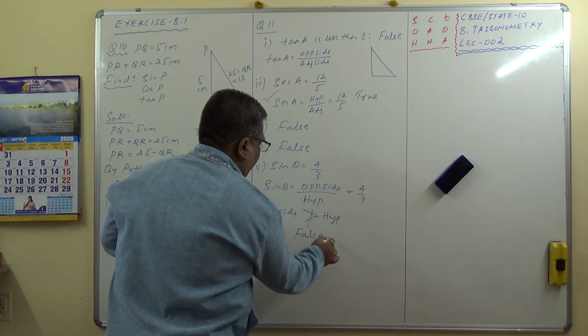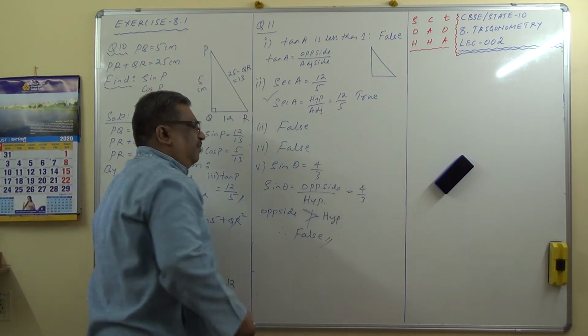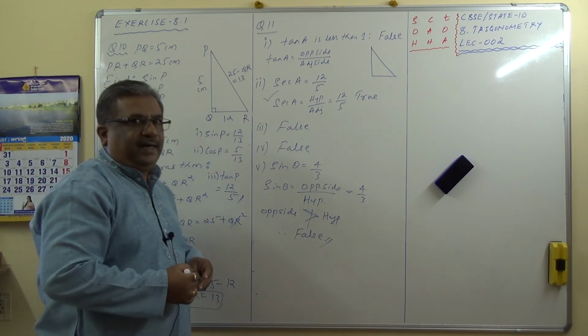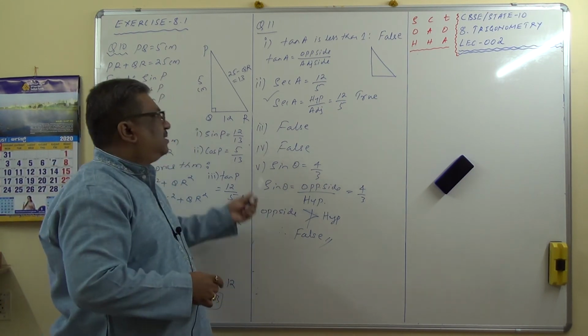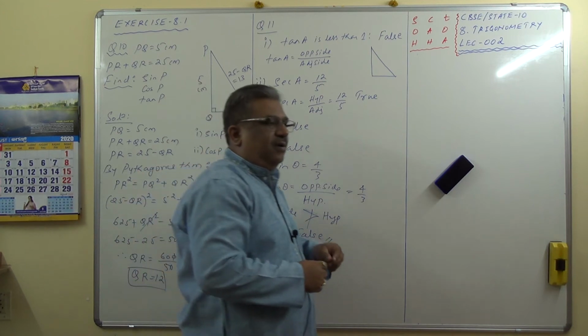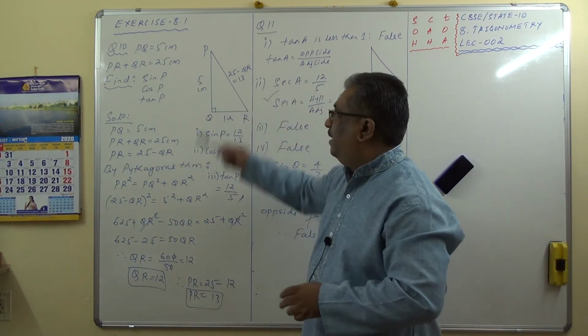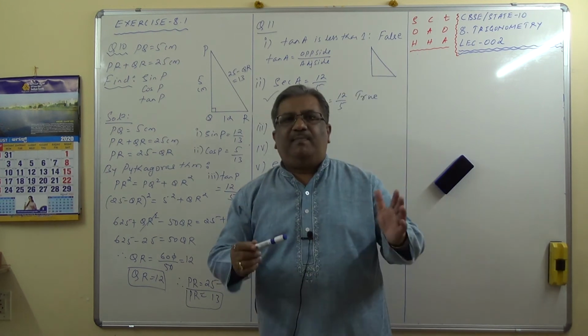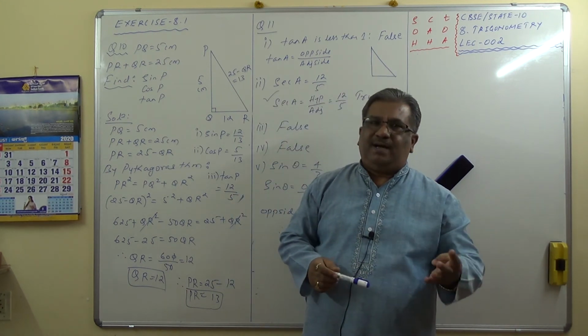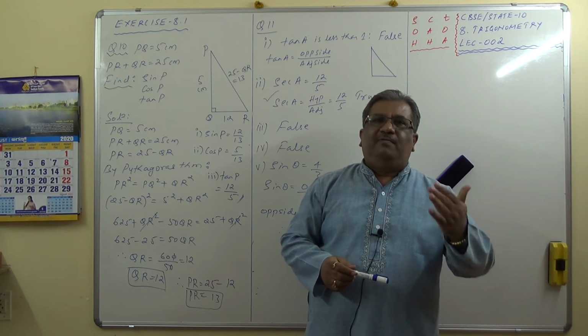Statement false. If sin theta is 3 by 4, perfectly all right, but it is 4 by 3, hence. I think I have solved all these question answers from exercise 8.1. Now I am picking up R.D. Sharma, R.S. Agarwal, few numericals.